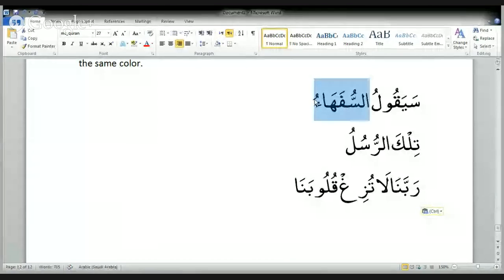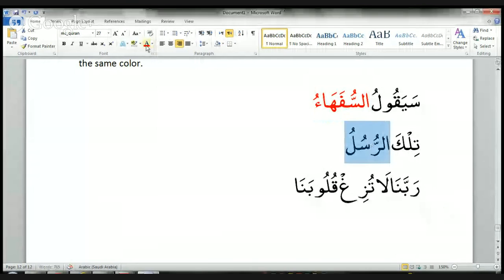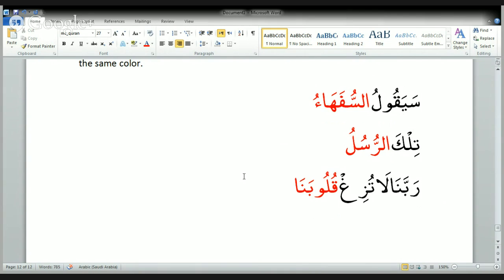So these three words. سيقول, and they say, who says? السفهاء. تلك الرسل. ربنا لا تزغ قلوبنا. The fools say, the singular of sufaha is safih, a fool. تلك الرسل, the singular of rusul is what? Rasul. ربنا لا تزغ قلوبنا.